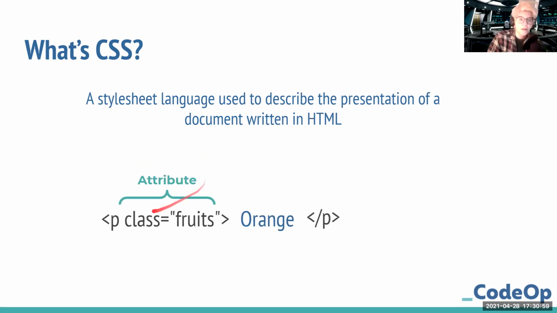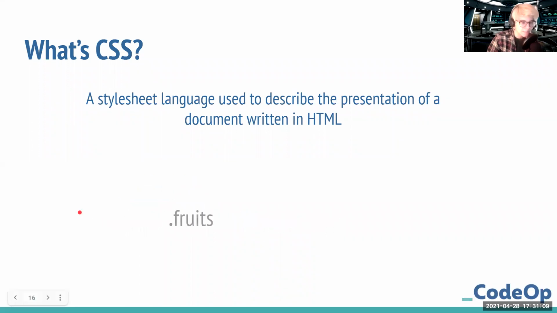Do you remember the attributes of HTML? Using these attributes, we can call them in our CSS with a dot and the name of the attribute. In this case it's fruit, but it could be any name. This is the element selector, the name.